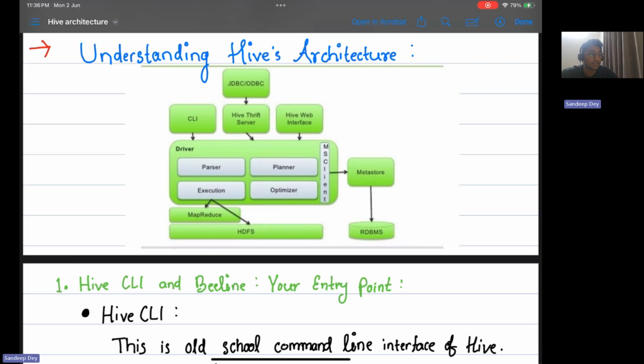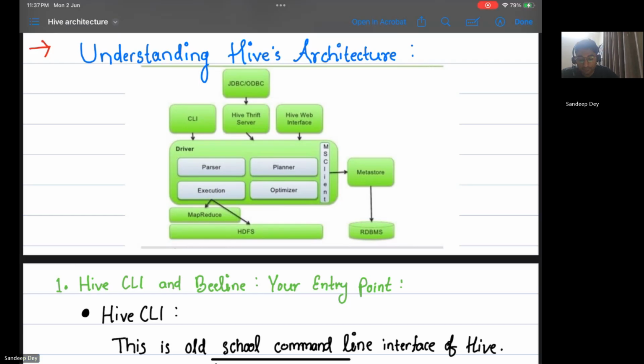Imagine HDFS as a giant distributed hard drive where your data is safely stored and easily accessible. You got the point? Where does your data live? It lives in HDFS, and it is where Hive stores the actual data for your tables.